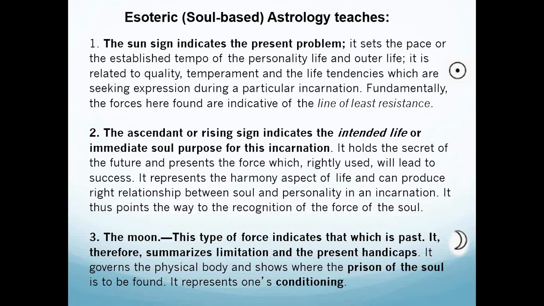And then later on in life, they realize that this is not fulfilling, and that's because the soul is now speaking to them. But in the meantime, they have chosen, and most people do, they choose indications that have to do with their personality, which again, it's the least resistance. It's the line of least resistance.